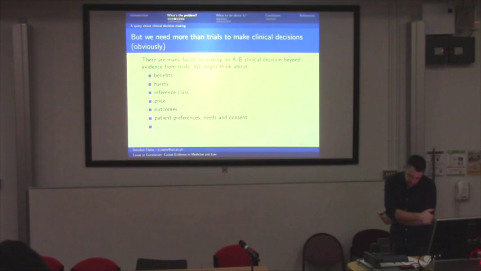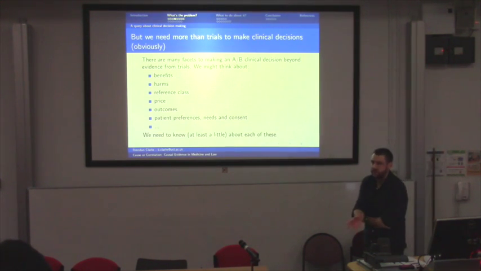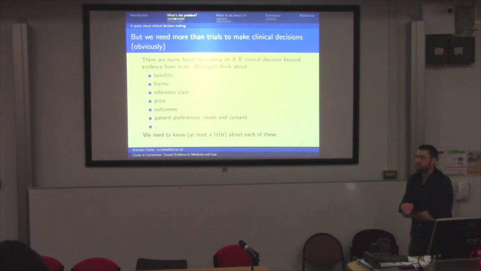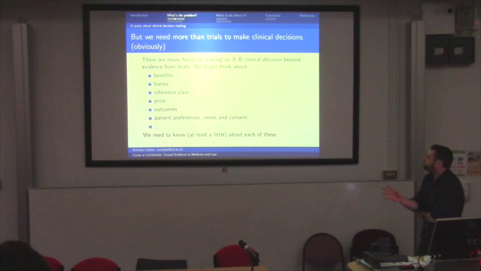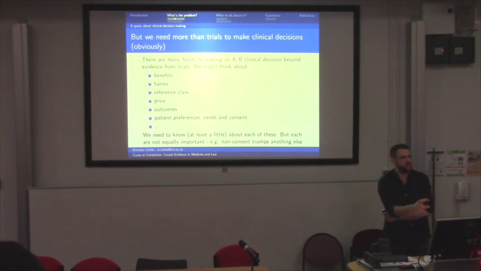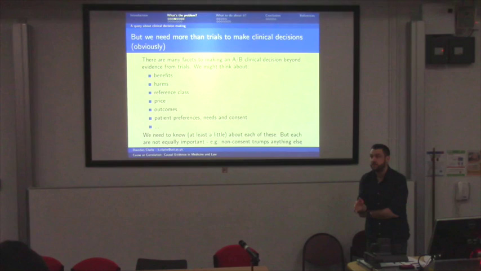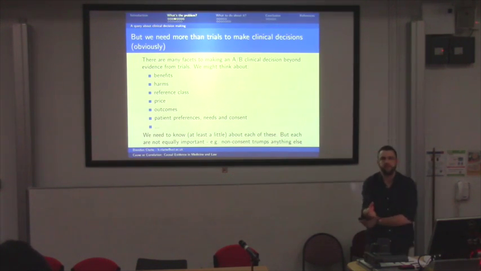Now, I suppose the first point is that we need to know at least a little bit about each of these in order to make a prescription decision. I think there are probably a few other things as well, but I don't want to go on too long. But the thing that really interests me is that actually the structure of this decision is very complicated, right? So non-consent, if a patient refuses to take a medication, will trump everything else. No matter how good the medicine is, if somebody doesn't want to take it and is competent to make that decision, they don't get it. They won't be forced to take it.